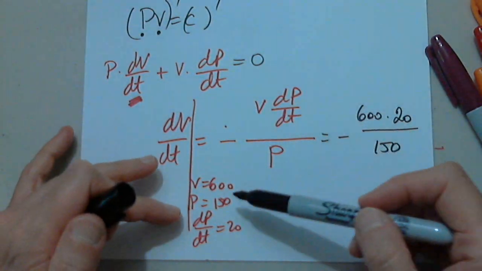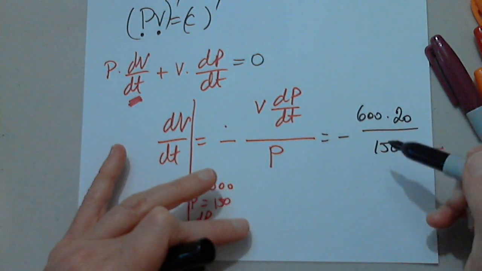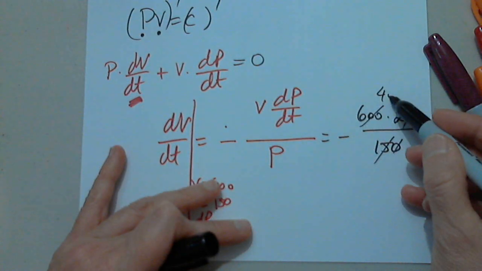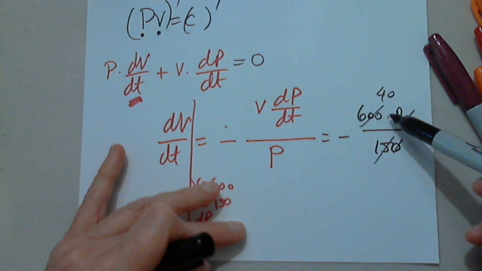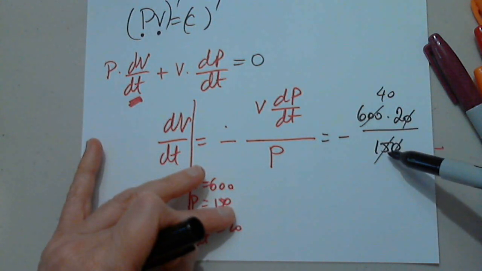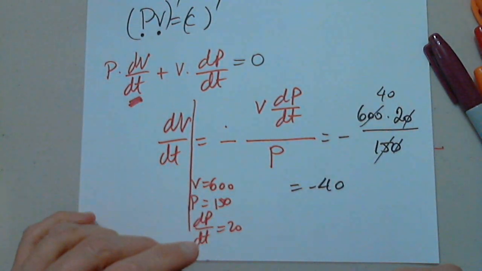One more time, V 600. I just make sure that I plug that in correctly. Yes. So I will simplify by 4. 60 divided by 15 is 4 with a 0. Okay, so this is negative 40, and then the measurement unit.